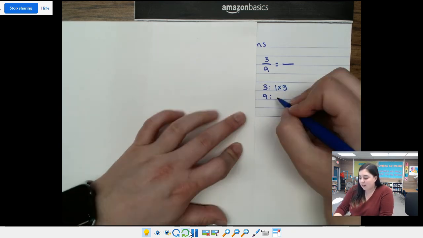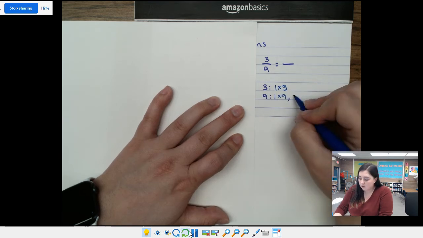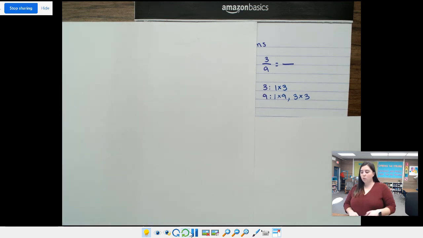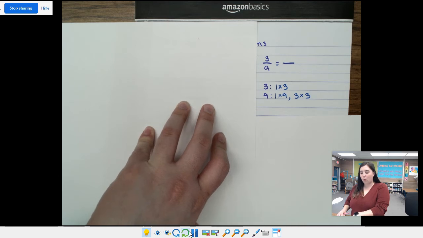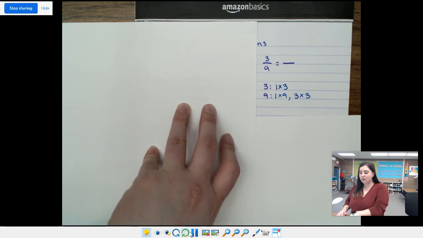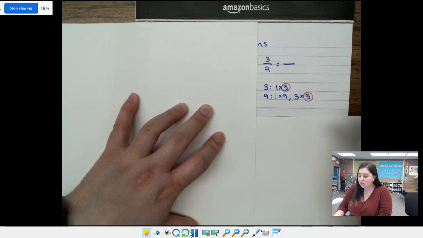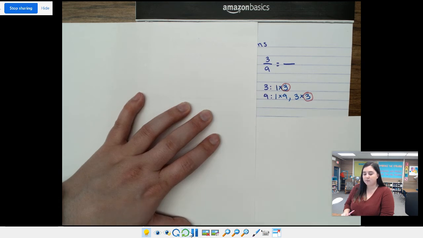My factors for 9, I know it's 1 times 9 and 3 times 3. So what numbers do they have in common? 1 and 3. That's it. So our largest number they have in common, the greatest common factor, is 3.